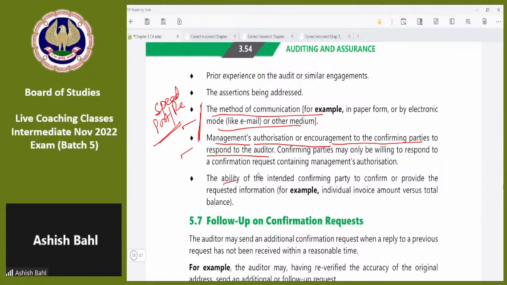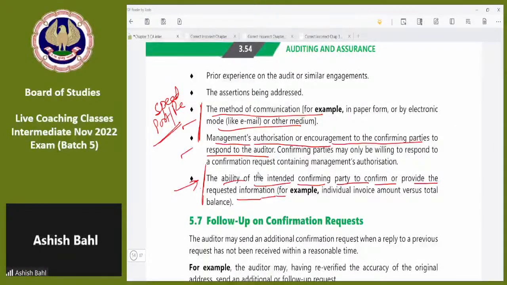Another important thing is the ability of the intended confirming party to confirm or provide the requested information. Say it might so happen that the other party might not have all the information available with him which is being sought to be confirmed.